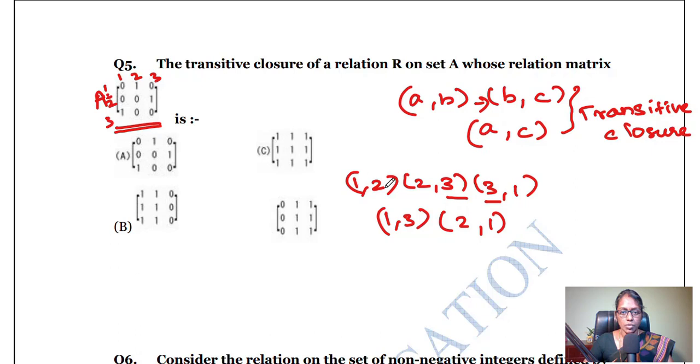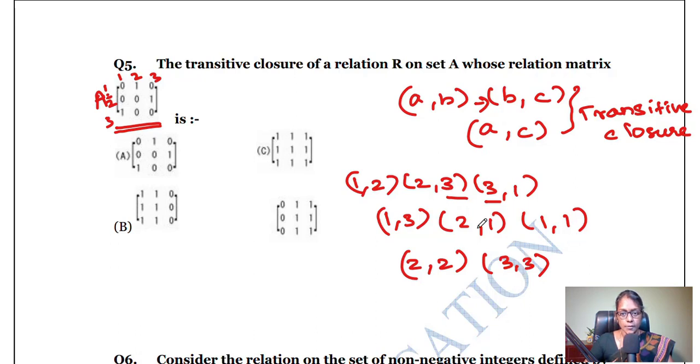So (1,2) is there and (2,1) is there, then (1,1) must be there. Here (2,1) is there and (1,2), so as per this you have to write (2,2) must be there. And see, (3,1) is there and (1,3) is there, so (3,3) must be there.